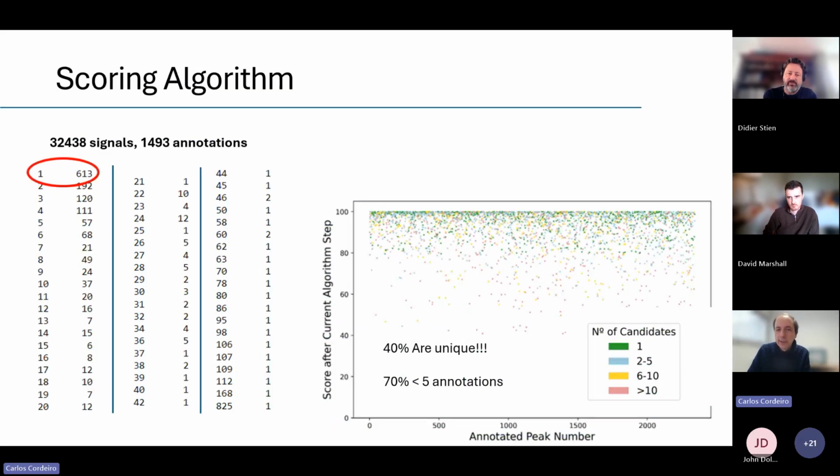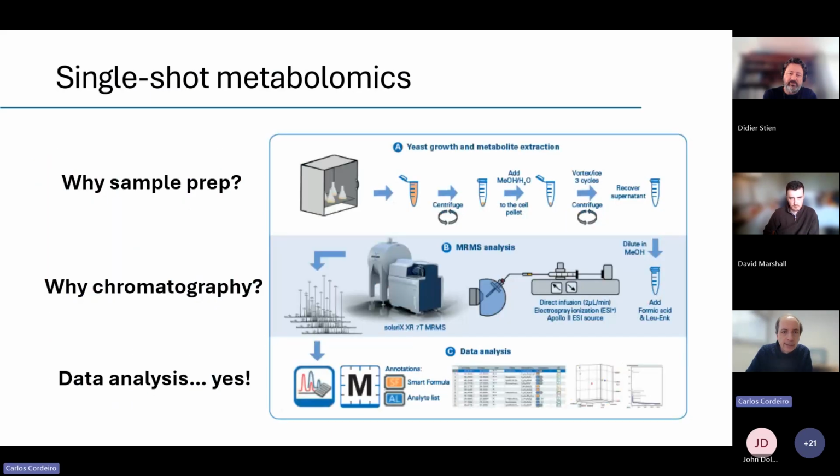So this involves not just accuracy, fitting the isotopic pattern, but also correlations and other techniques that we use to do this rank. So basically, we use what we call single-shot metabolomics. From a tiny amount of sample, zero preparation, we dilute, infuse, and then, of course, extract information using computational tools.